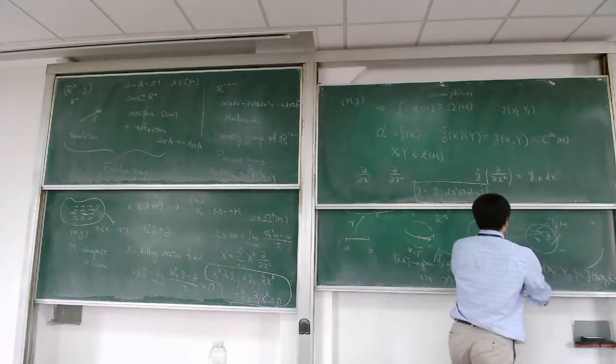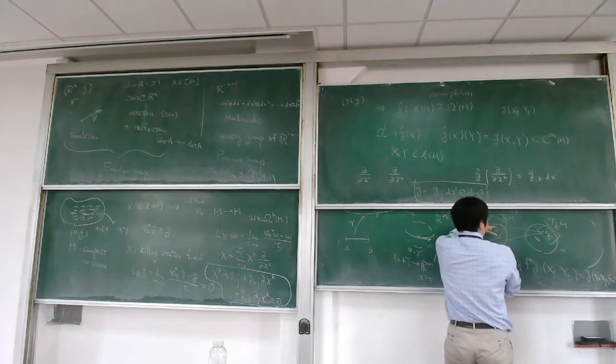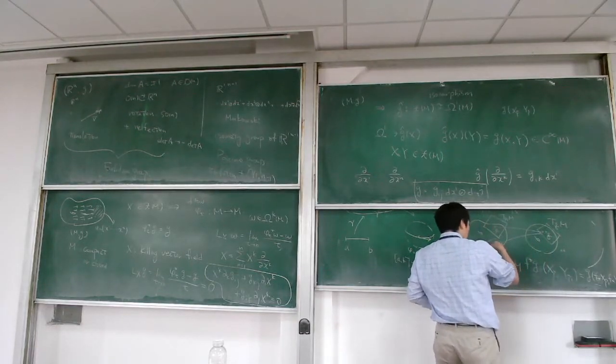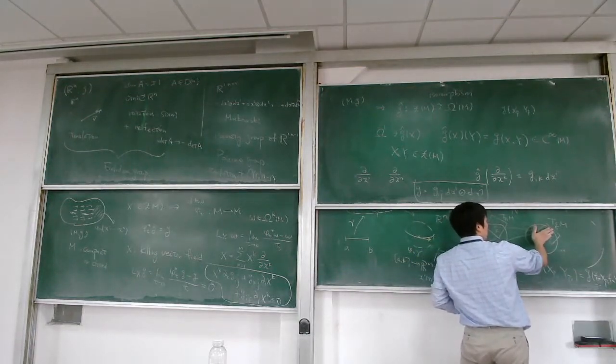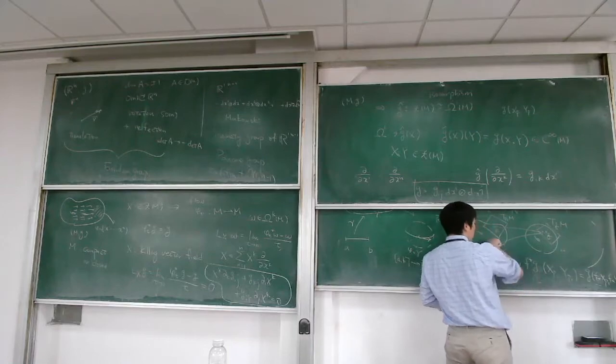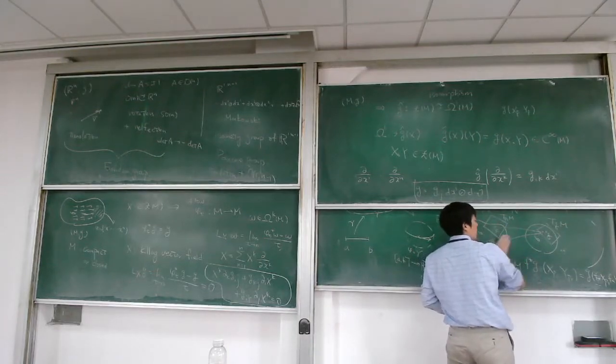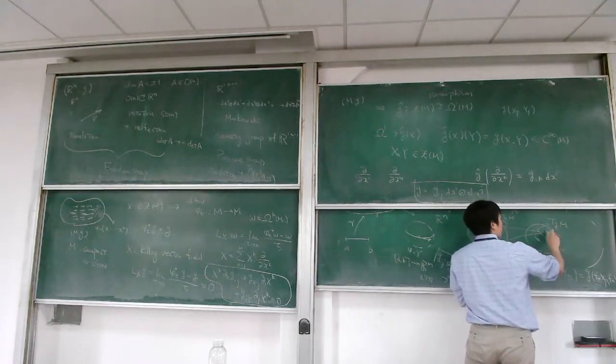So you can always have, even if you have the two points mapped to one point, locally the tangent space is mapped to this tangent space as a linear map. So the tangent vector always can map to this tangent vector here.